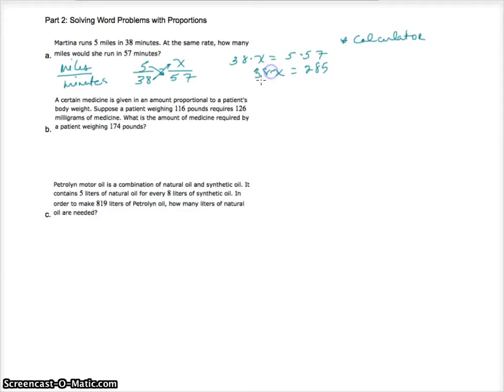To solve, remember that we need to divide by 38 on both sides. X is going to equal 285 divided by 38 in our calculator. X equals 7.5 miles.